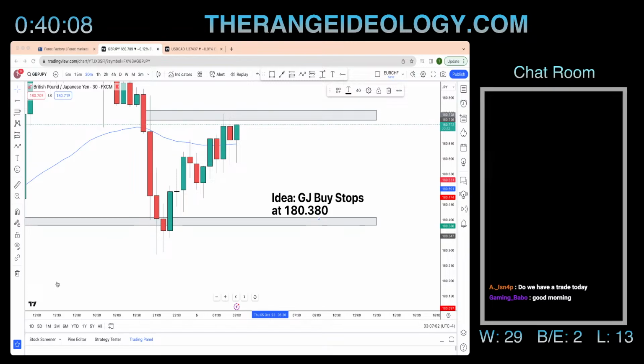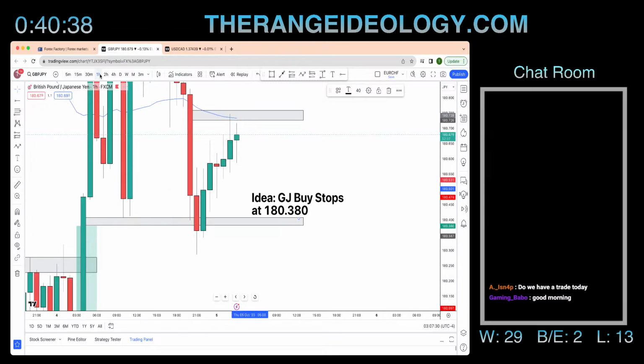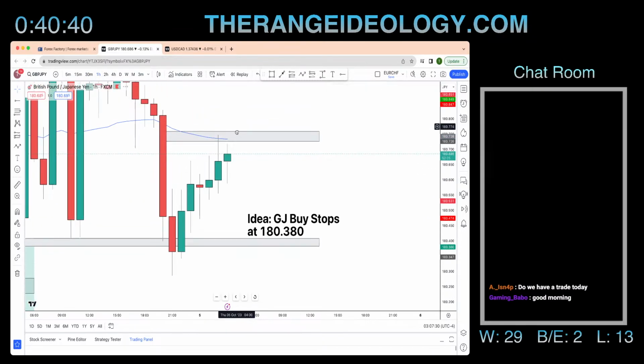So let's continue here. We're looking at GJ again. We're looking for GJ to come down, but since it has not come down, we're looking for GJ to tap the 1 hour EMA there, and then potentially see if it can reject the 1 hour EMA. So nearly tapped here.